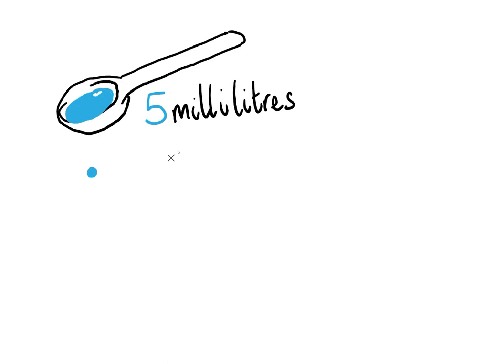Now, nobody writes milliliters out like that because it takes lots of time. So instead, they get rid of most of the milli and most of the liters, and it leaves them with ml like that.